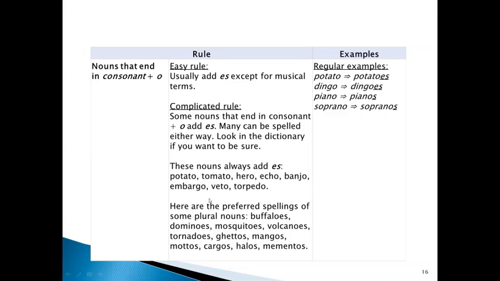Here are the preferred spellings of some plural nouns, such as buffaloes. We have L and O, and then we add ES. Dominoes, mosquitoes, volcanoes, tornadoes.